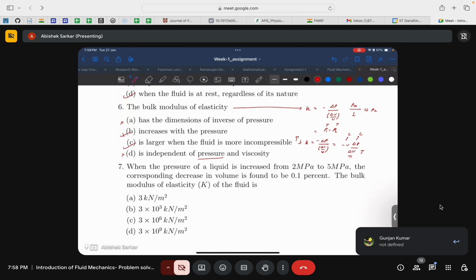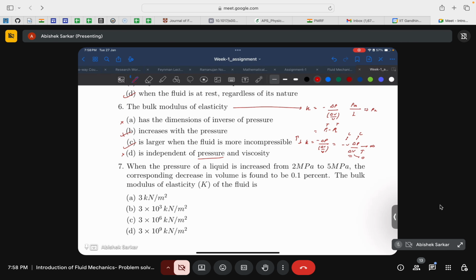Exactly. So we can say it approaches infinity, because delta V tends to 0 for a perfectly incompressible fluid. So K will approach infinity for a perfectly incompressible fluid. I hope this clears the doubt.